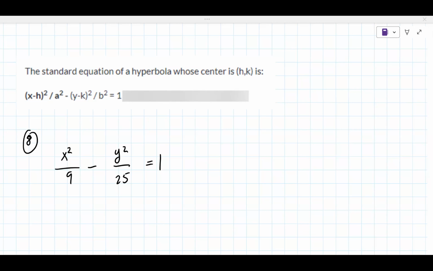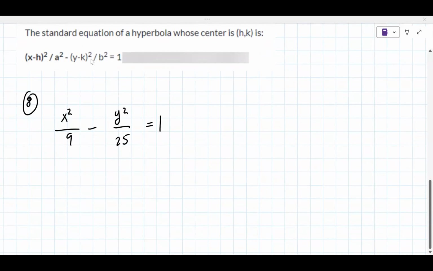The only thing you can write here, and that's what I'm trying to get you to scroll up for, is where it says if y squared is subtracted from x squared, the hyperbola opens left and right.